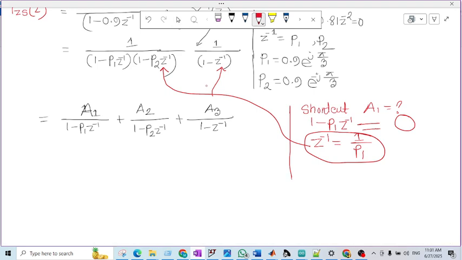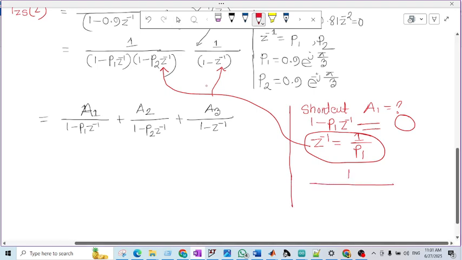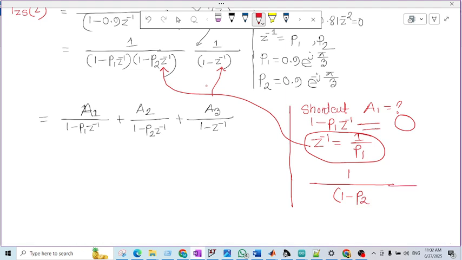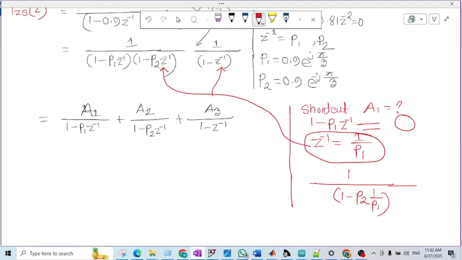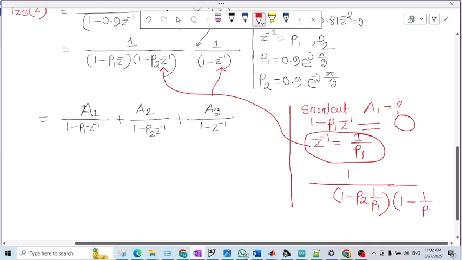So if you do this, 1 minus p2 is the second multiplier and 1 by p1, and then put this here, so you will get 1 by p1.